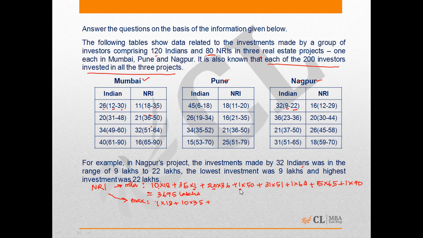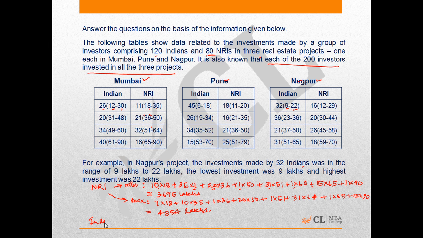Similarly 20 and 1 will interchange, so we'll have 1 into 36 plus 20 into 50, plus 31 and 1 will interchange, so we will have 1 into 51 plus 31 into 64. 15 and 1 will change, so we'll have 1 into 65 plus 15 into 90. Calculating all of this will yield us 4854 lakhs. So this is the range of the investments made by the NRI.